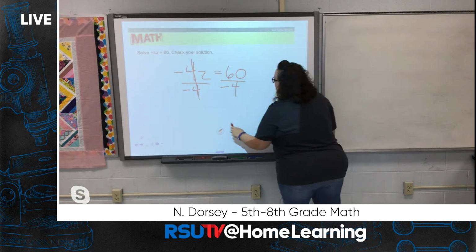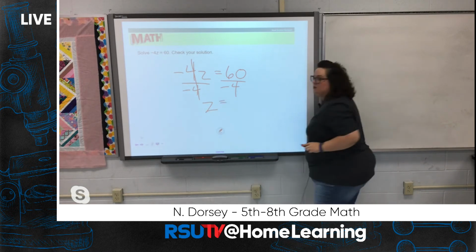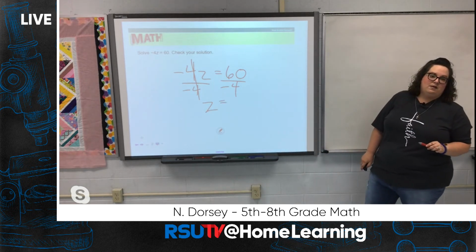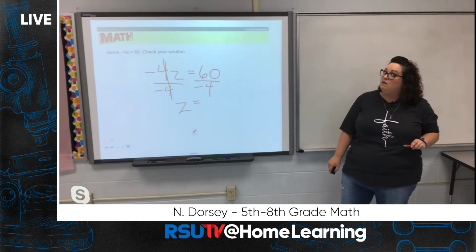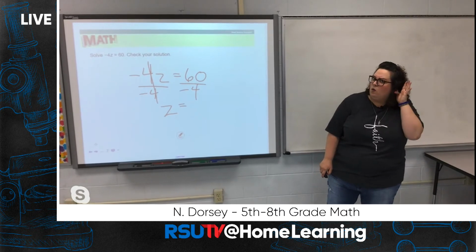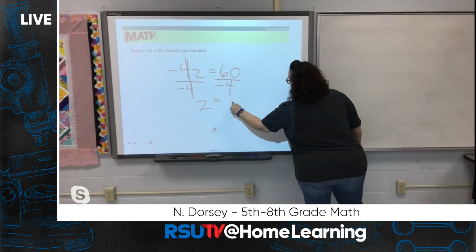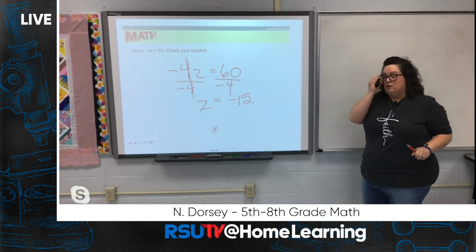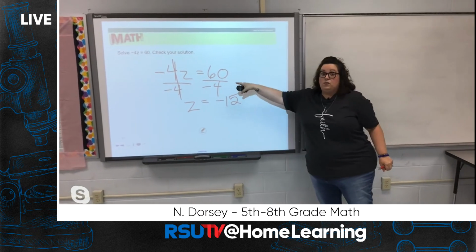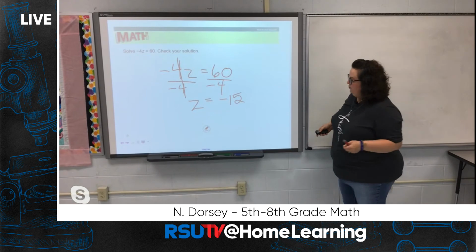And z equals, anybody want to tell me what 60 divided by 4 is? Anybody at home? 15. -15. Don't forget that negative. Opposite signs, when you're multiplying or dividing, your answer is always going to be negative. Okay?